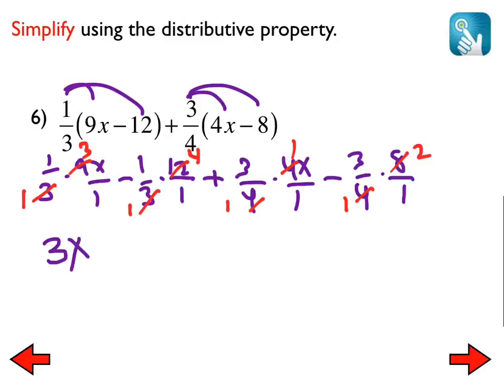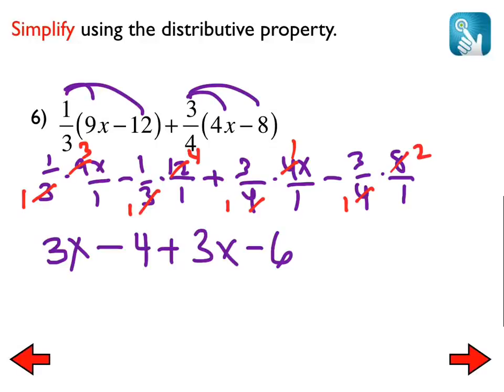So this is 3x minus 4x plus, not just 4. 4x? No, just 4. The second part, this one doesn't have an x in it. 3x minus 4 plus 3x, that's 6, minus 6. Okay, you need to be careful with your signs there.